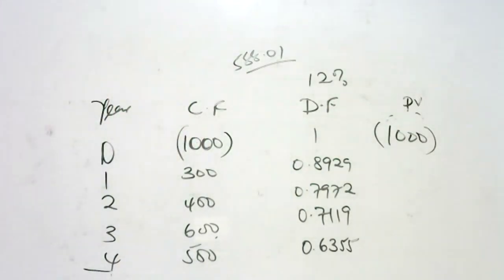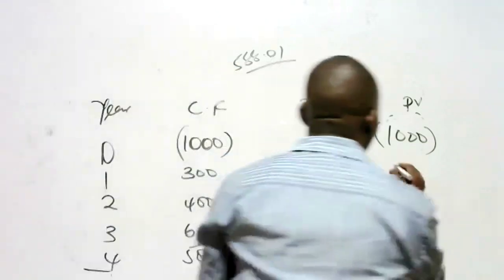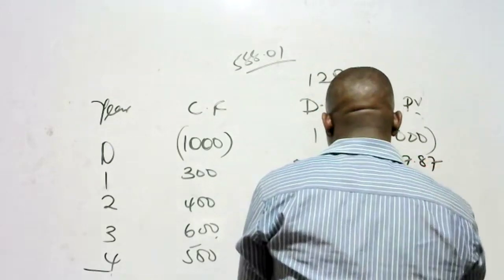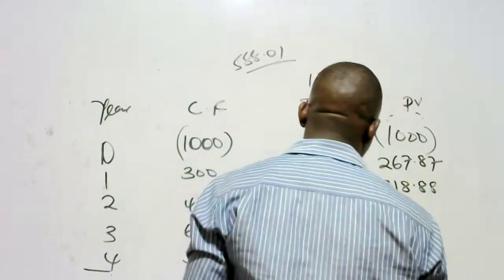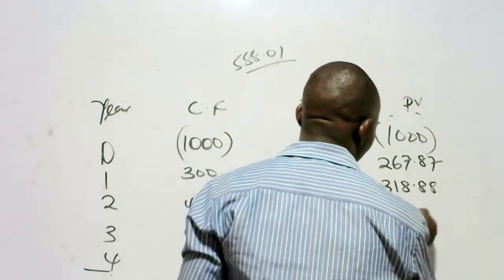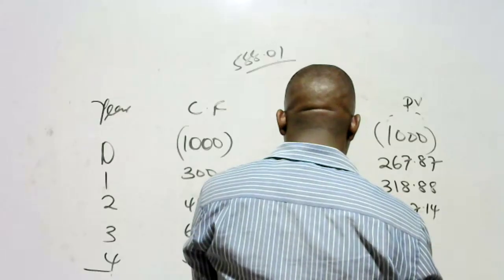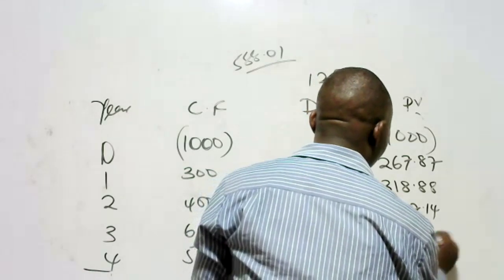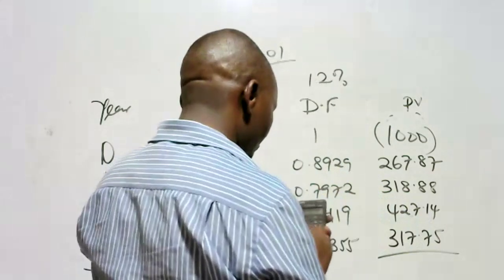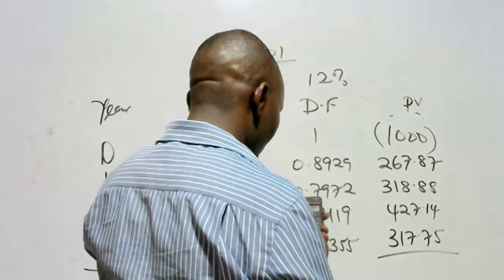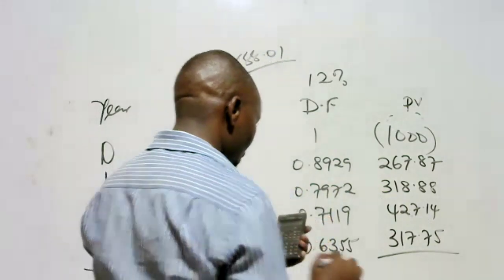We can multiply the rest. 267.87. 318.88. 427.14. 317.75. 331.64.